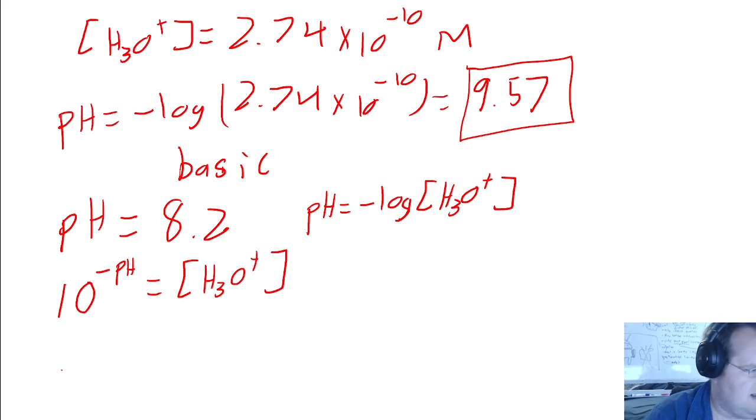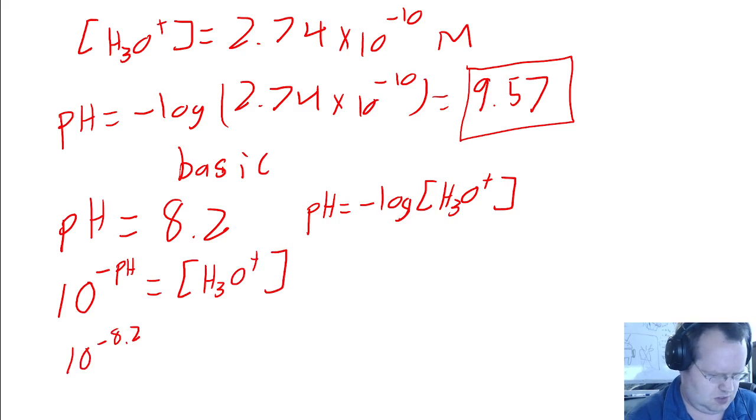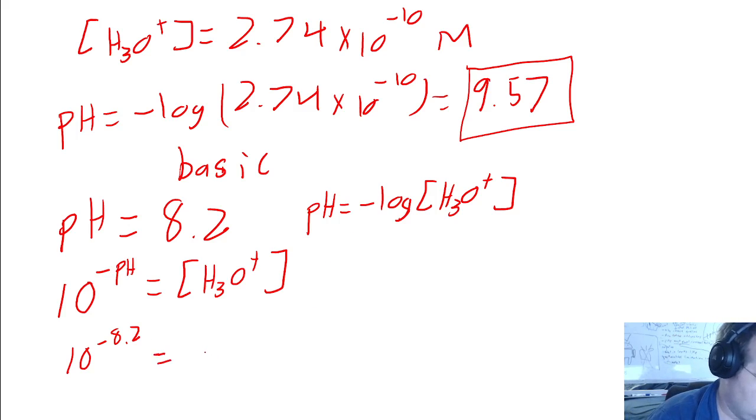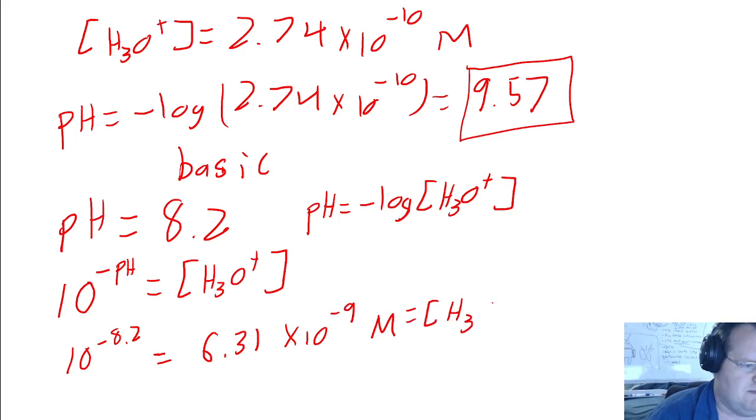So in this case, if we take 10 to the negative 8.2, and we get a value for that, we will get that a solution with a pH of 8.2 has a concentration of 6.31 times 10 to the negative 9 molar for its H3O+ concentration.